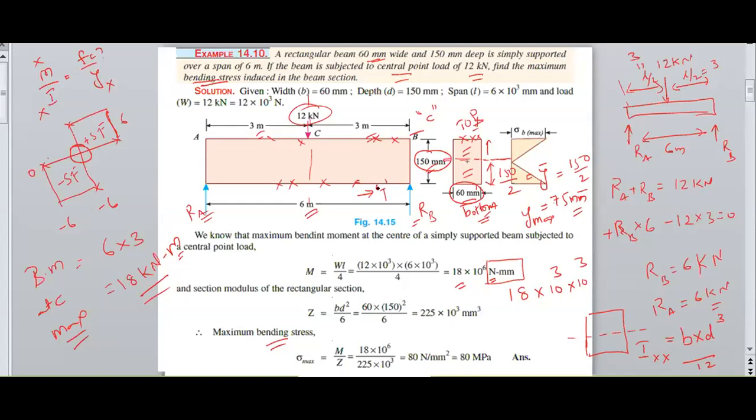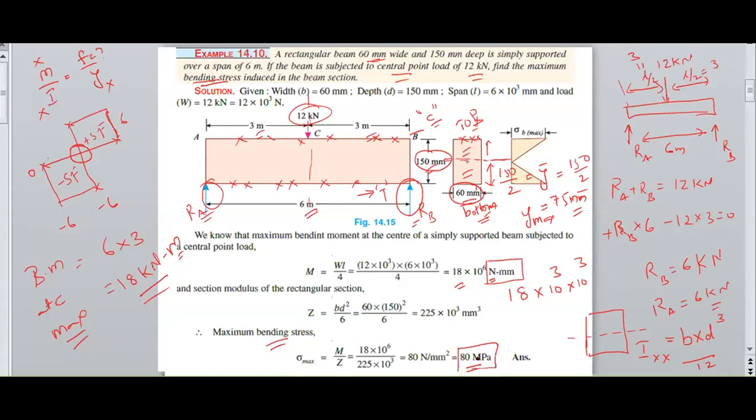The magnitude is the same, but the topmost layer feels a compression because it is a simply supported beam. The topmost layer feels a compression and the bottommost layer feels a tensile. The magnitude is the same.